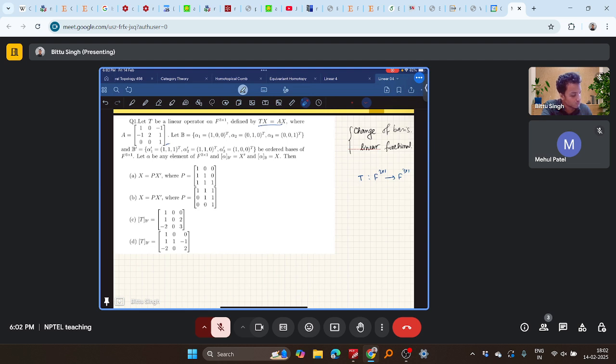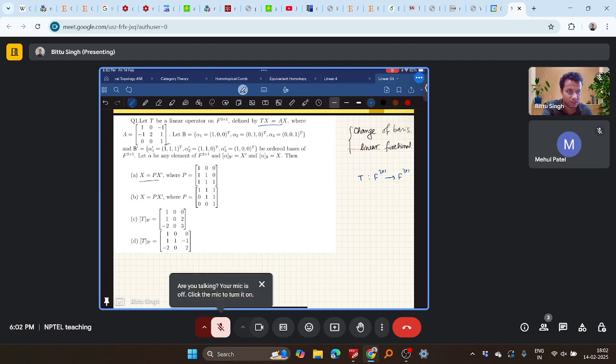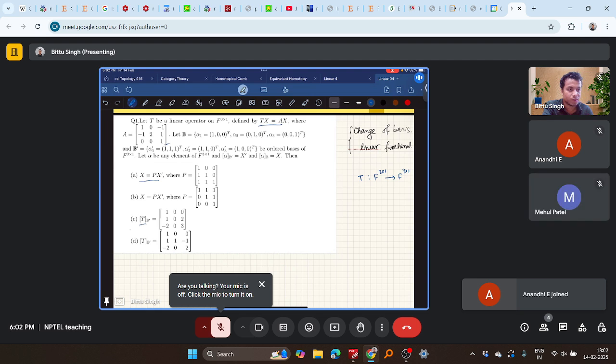Now it is given that for any vector alpha of F^3, its coordinate with respect to B dash is x dash, and with respect to B it is x. The question is, what is the relation between x and x dash? And another thing is the matrix representation of the operator T with respect to the basis B dash.